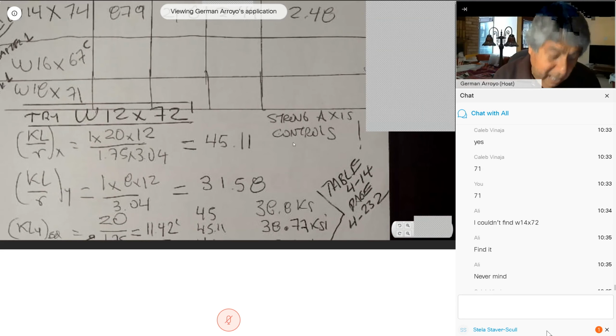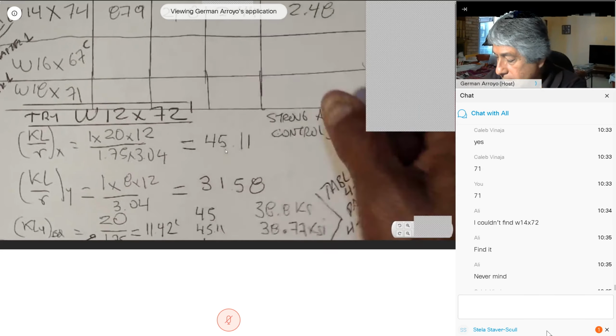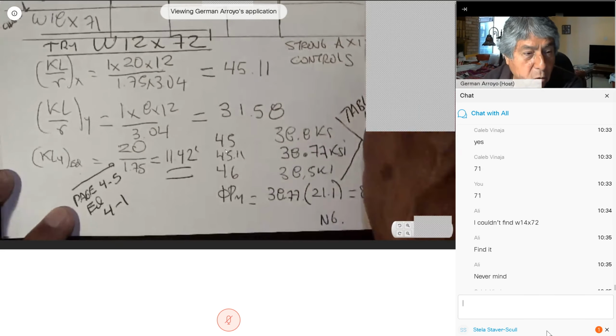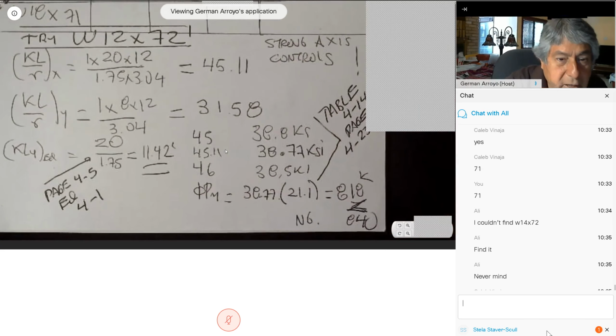So that means that the value that we have found from the table is wrong. Because we always assume the weak axis controls to go to the table, but the strong axis is controlling, 45.11. The only thing that we had to do is go to the end of chapter 4.